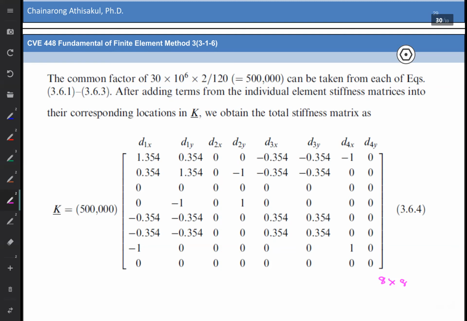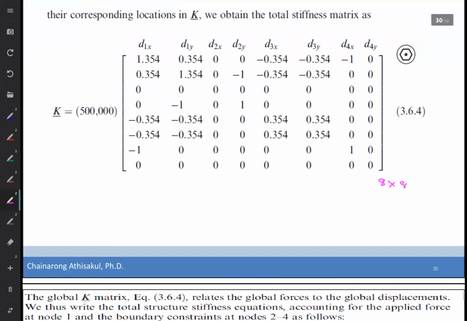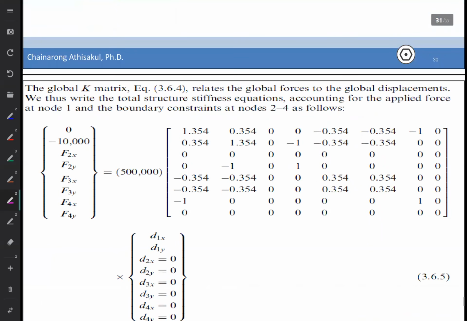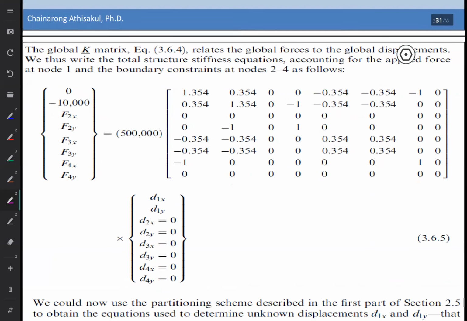Okay, so then we can write the equation into this form, and after that from the boundary condition we know that the displacements at node number 2, node number 3, and node number 4 are equal to 0.